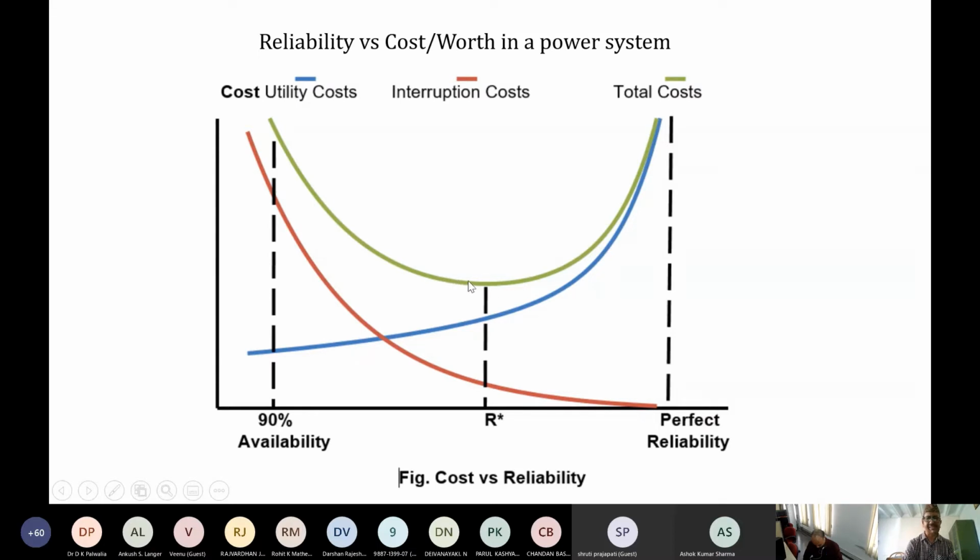But you can see that in the area near this optimal reliability we have a rather flat part, so the cost is not changing that much there. So it is perfectly okay to operate the system on either side of this optimality condition.